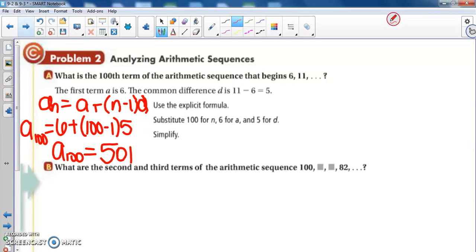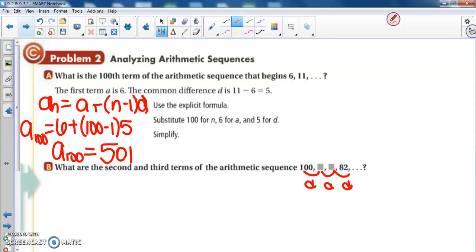What are the second and third terms of this arithmetic sequence? 100, then we don't know the second and third, we know our first, and we know our fourth term, 82. So what I'm going to do is think about this: one common difference, two common differences, three common differences.